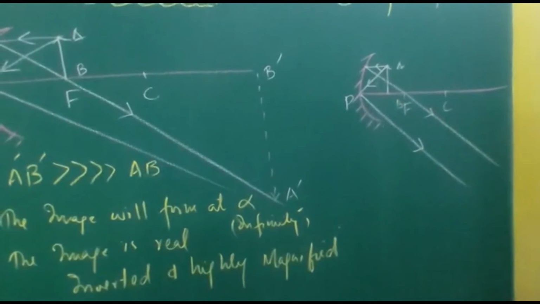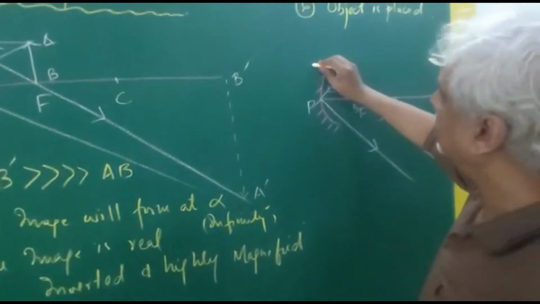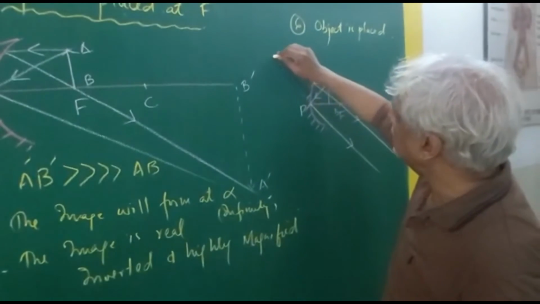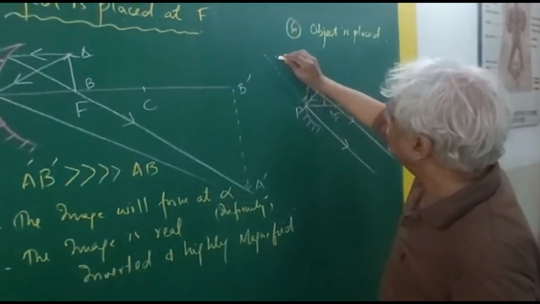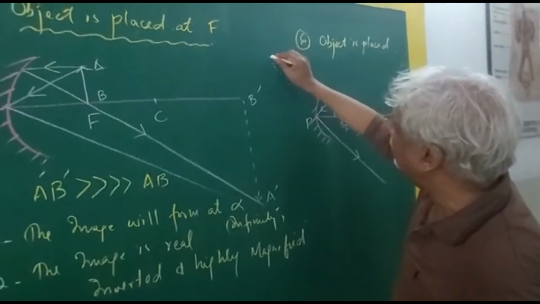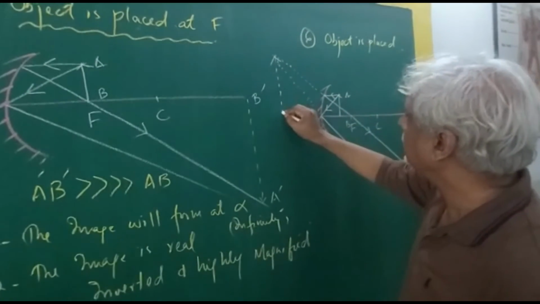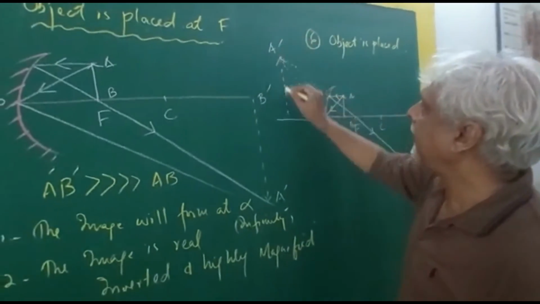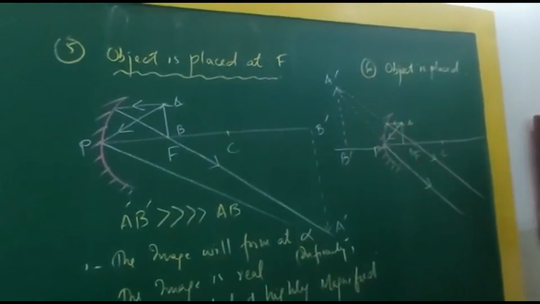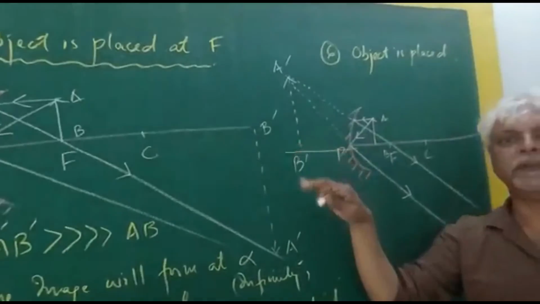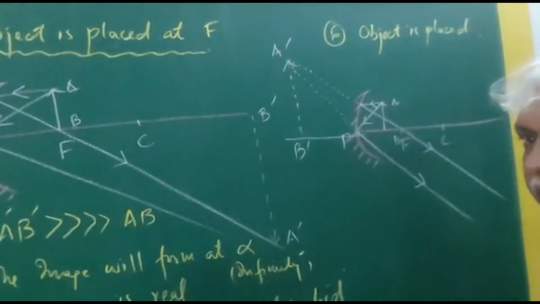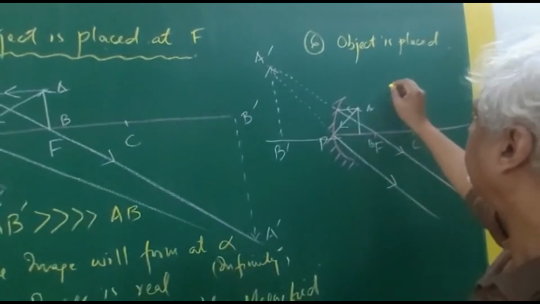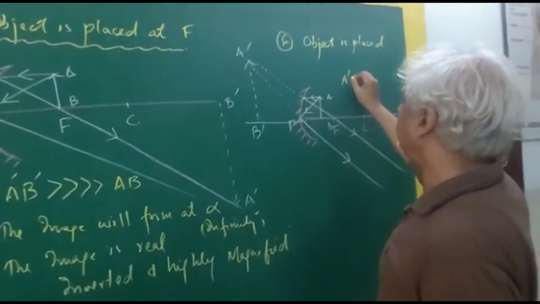Now this is moving away, so where are they meeting? If I extend both these lines, they will meet somewhere over here. So if AB is your object, A dash B dash is your image, formed behind the mirror.